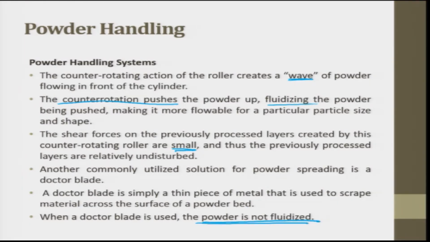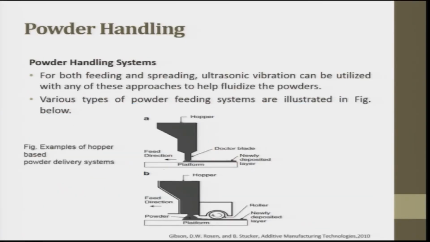In a fluidized bed, you use pressure also to move the powder. Examples include hopper based powder delivery systems, which you can use. For both feeding and spreading, ultrasonic vibration can be utilized with any of these approaches to help fluidize the bed.